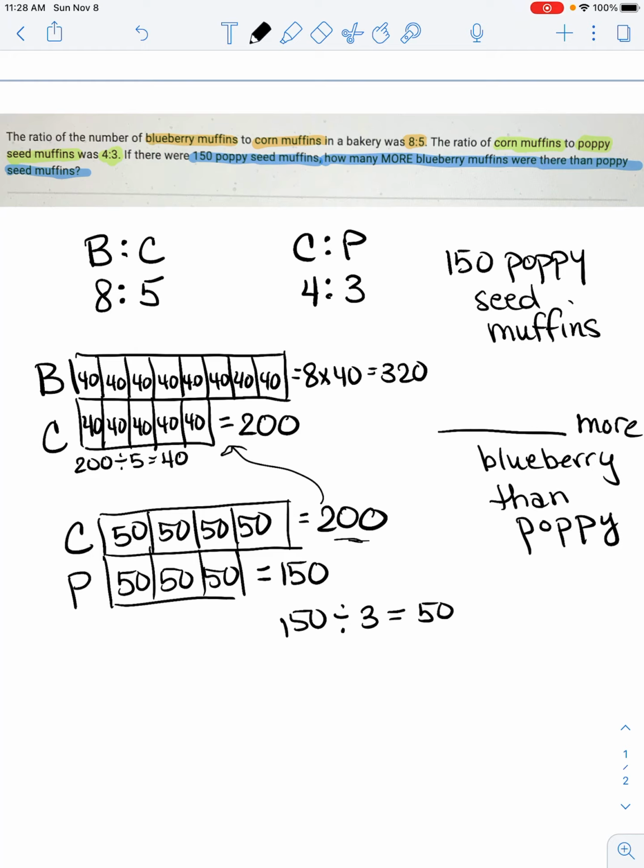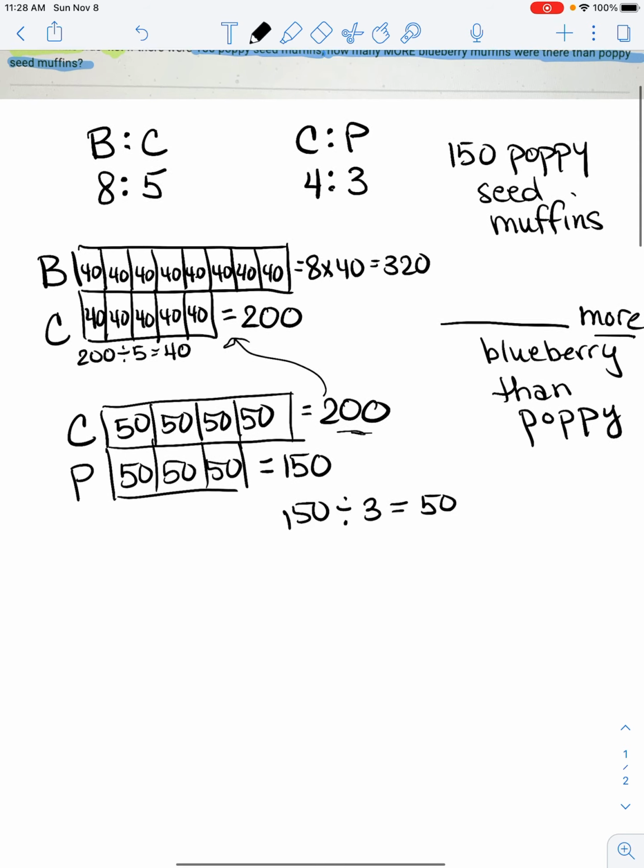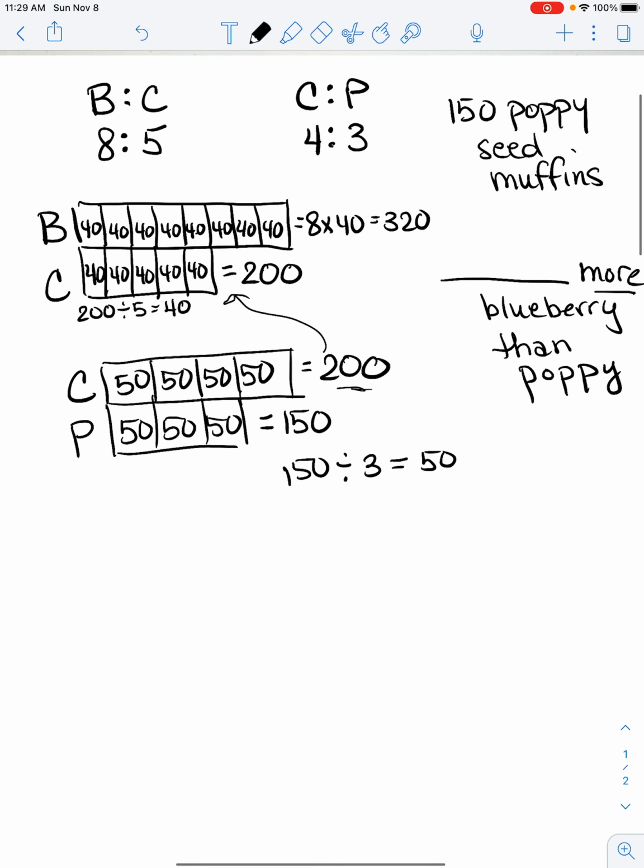And now the final step, because again, you could say, aha, 320 blueberry muffins, but that's not what they're asking. They're asking how many more blueberry muffins. That means they're asking for the difference between the number of blueberry muffins and the number of poppy seed muffins.